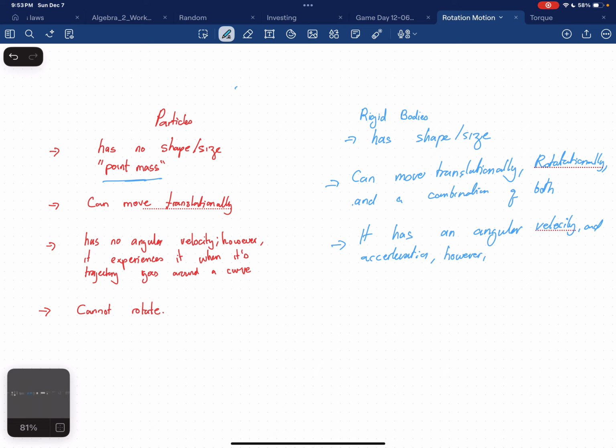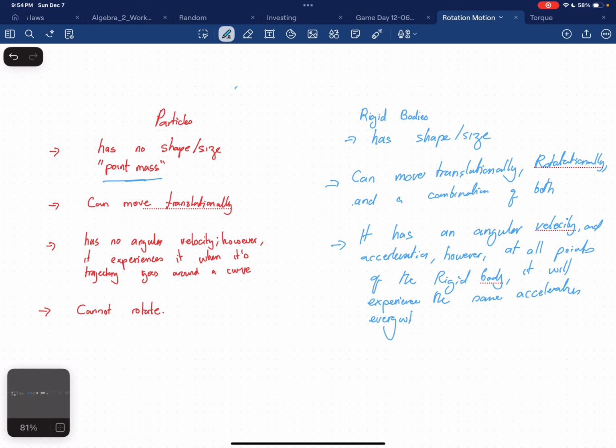However, the great thing is that at all points of the rigid body, it will experience the same acceleration everywhere.